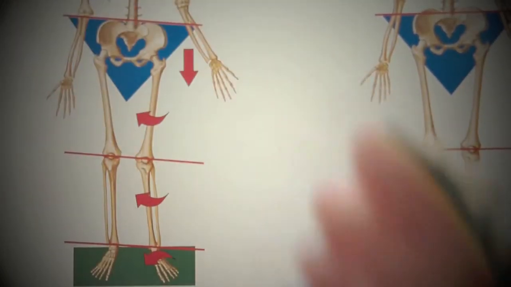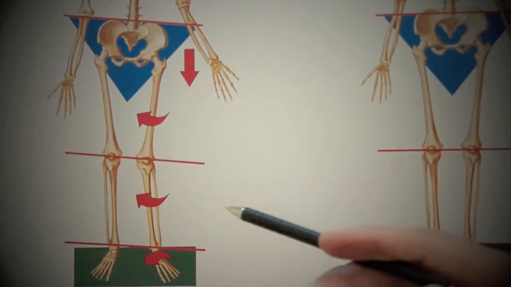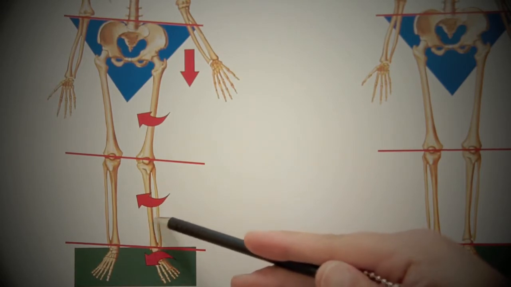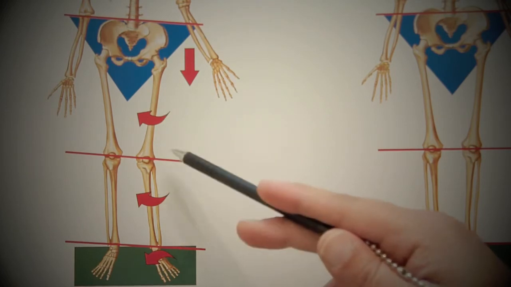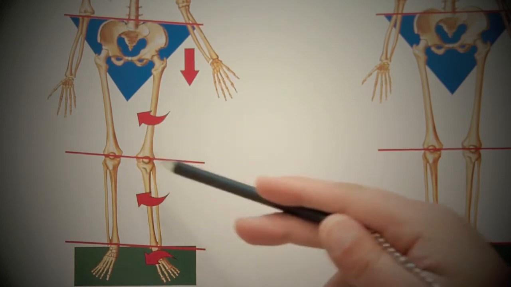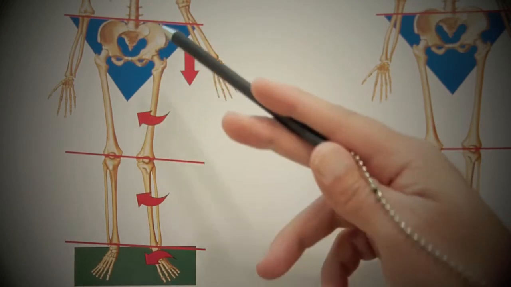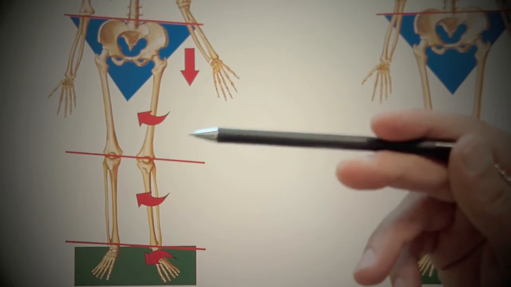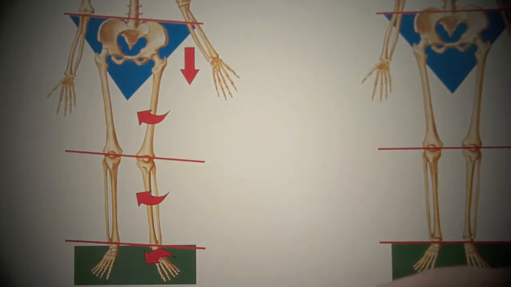Now, whenever you have a drop in the arch of the foot, it creates an orientation problem in the fibula and tibia of the lower leg here and the femur, where both of these areas will internally rotate, creating a problem in the pelvis, where the pelvis now will drop down on that rotated side and create a high hip on the opposite side.